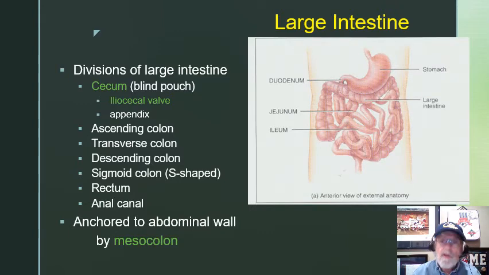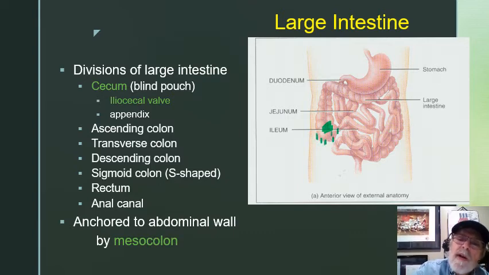Okay, so if I'm looking at the colon, this is what we see here. If I'm looking at that image, the colon is starting down in here, and this area right here, the little blind pouch, let me get that out of there so you can see a little better. The little blind pouch down here is the cecum, and right here is the area where the appendix hangs down.